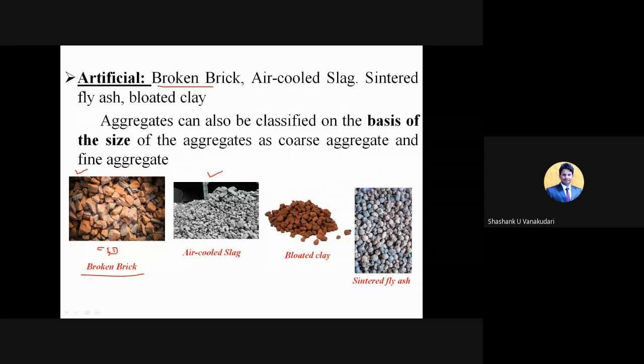Basically this is extracted after industrial processes, right? It's like a byproduct from different industries. And then bloated clay. In this, they make it to the required shape so that in some cases it can be used as part of coarse aggregate. And then sintered fly ash: the fly ash generated from thermal power plants is made as per the required size as coarse aggregate, and then they can use it as artificial aggregate.